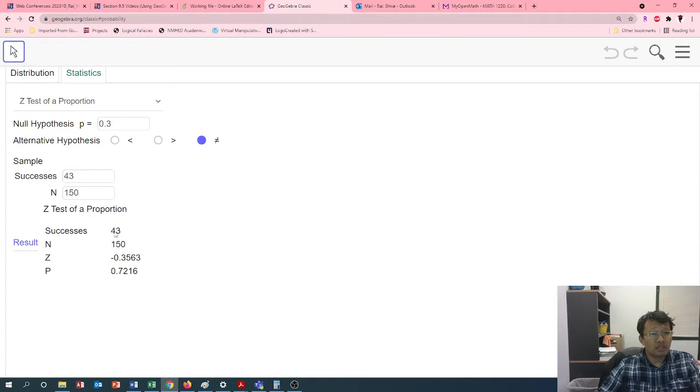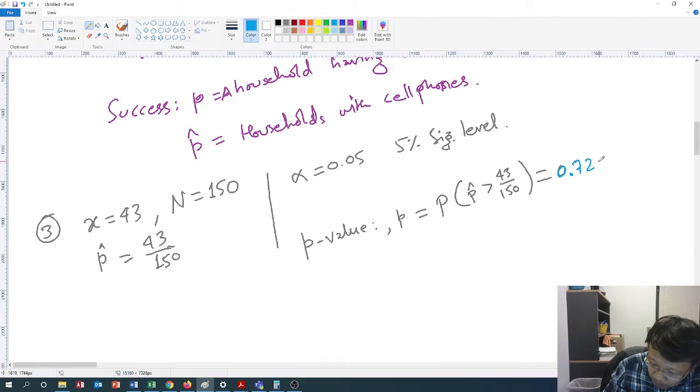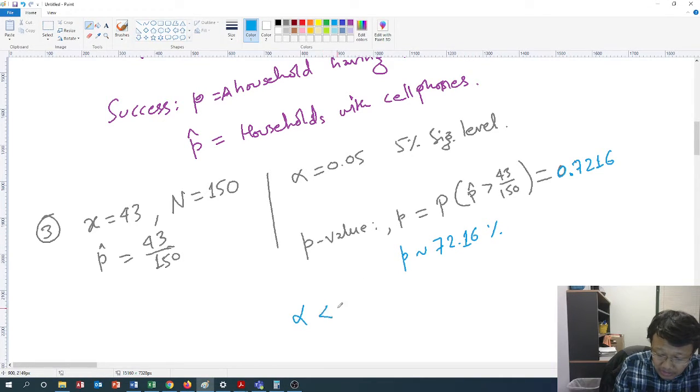You can see that successes is 43, number of trials is 150, the z-test statistic is negative 0.3563, and the p-value is 0.7216. So we can say that P is approximately 72.16%.